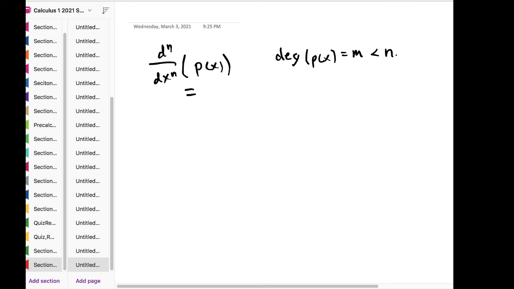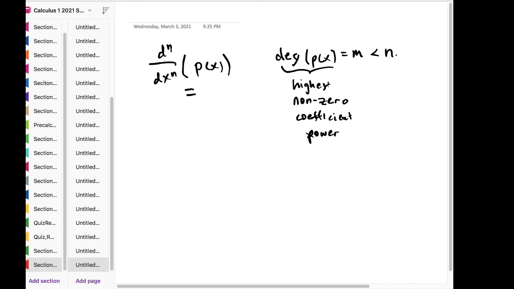The degree just means the highest non-zero coefficient x power. What do you think the nth derivative is? Here, I'll give you a hint. What do you think the third derivative of x squared is?